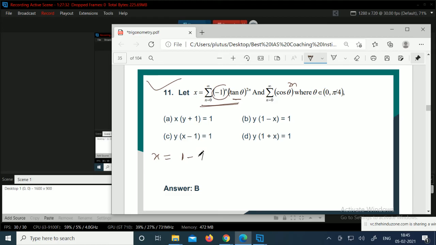So minus tan square theta, n equal to 2 plus tan 4 theta, then tan 6 theta, up to infinity, kind of an infinite series.